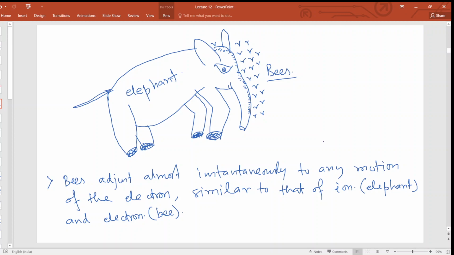Or in other words, from a third frame of reference, which is neither the ion nor the electron, if I'm sitting outside them, at any point I will not see any difference between the relative positions of the ions and electrons.